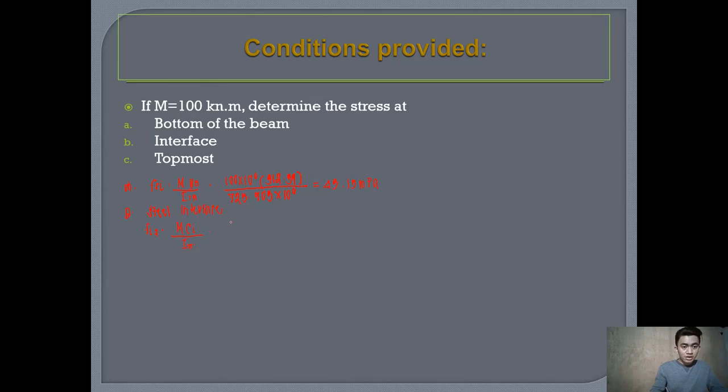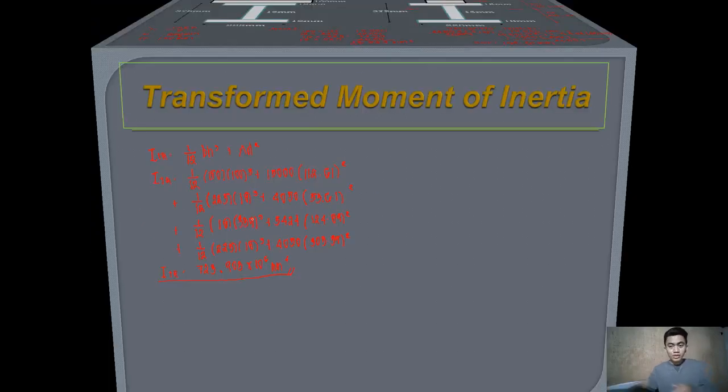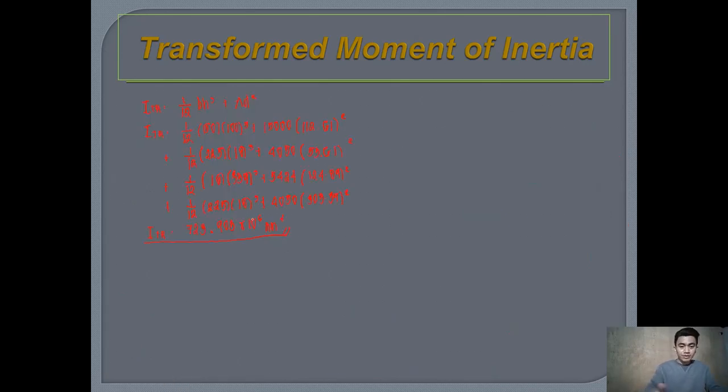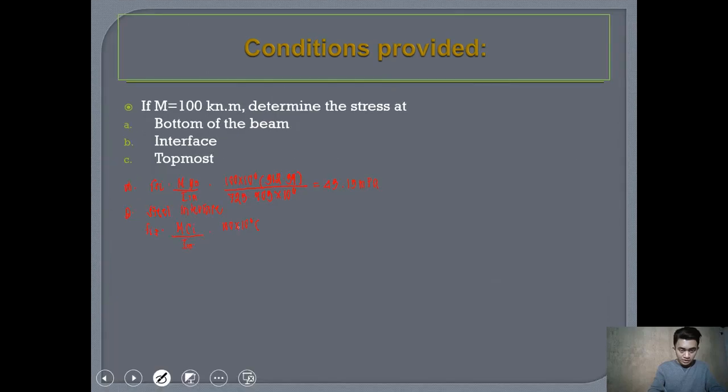So we will have here 100 times 10 raised to 6, multiply this one by, going back to our diagram, 162.61 minus 100, which will give me 62.61. So I will have here 62.61 all over the transformed moment of inertia, 723.903 times 10 raised to 6.